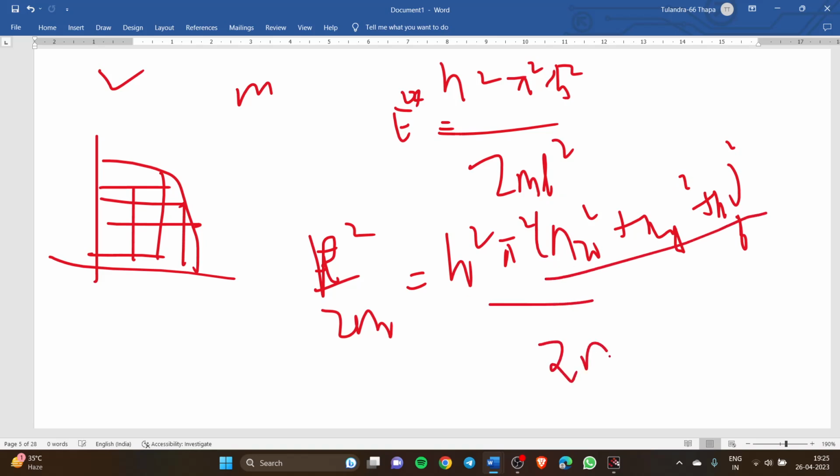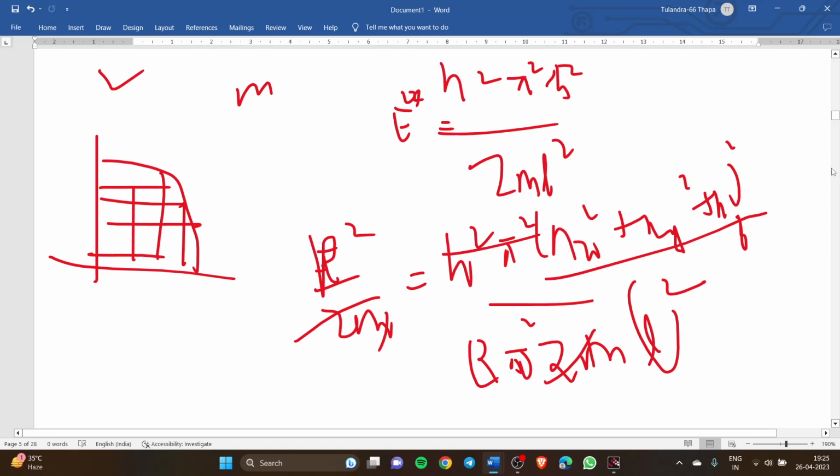The m is cancelled, and L remains the same. And ħ is changed into h/2π.